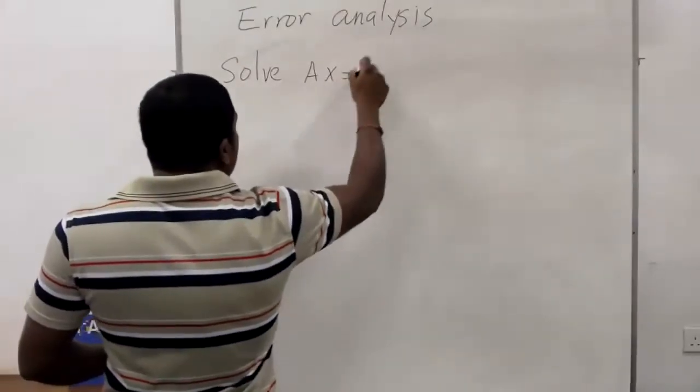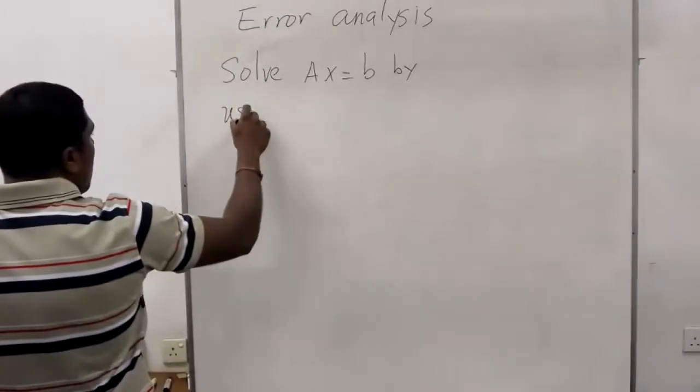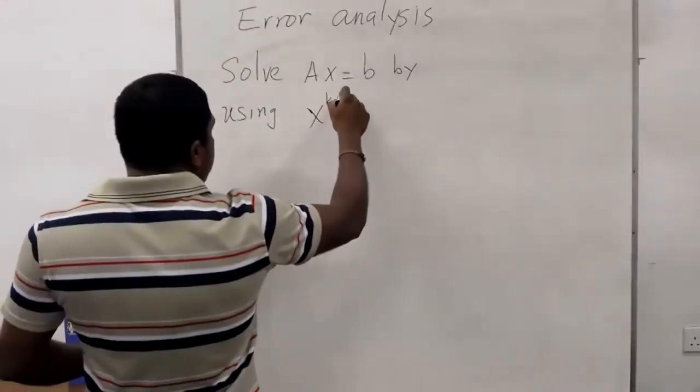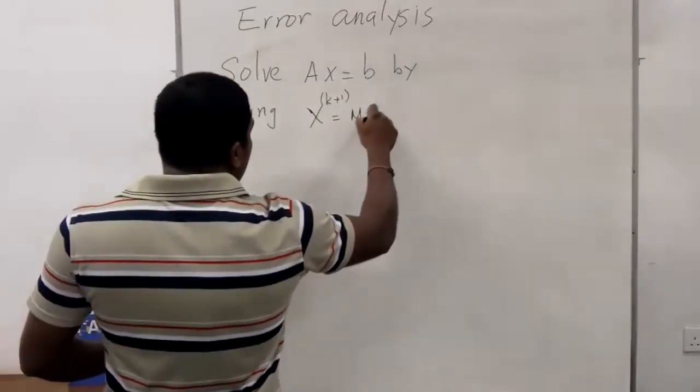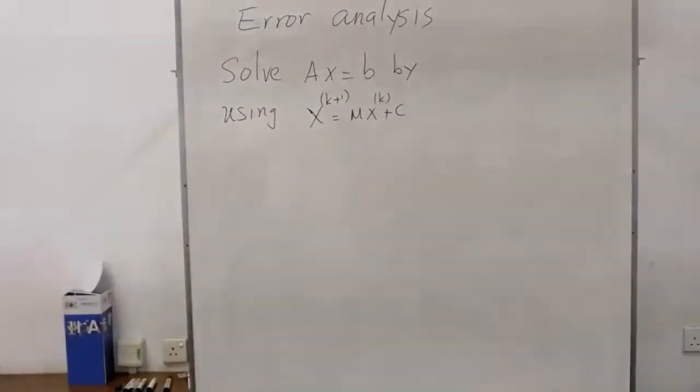the system AX equal to B by using the iteration method, which is given by xk plus 1 is equal to mxk plus c, right? So that is how we solve the system.